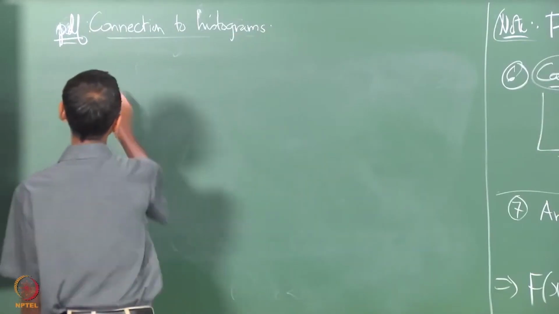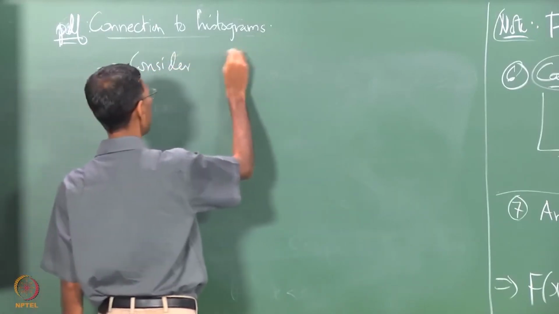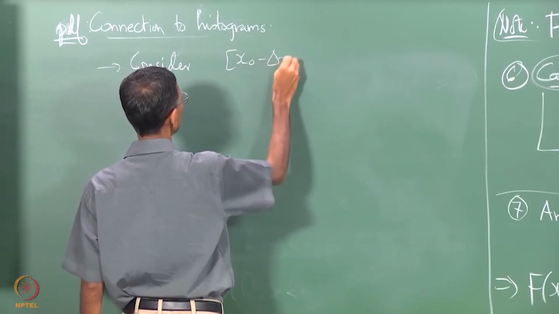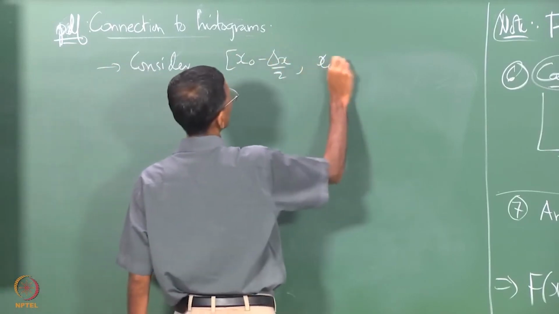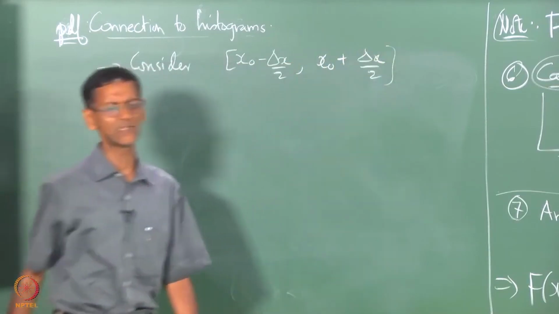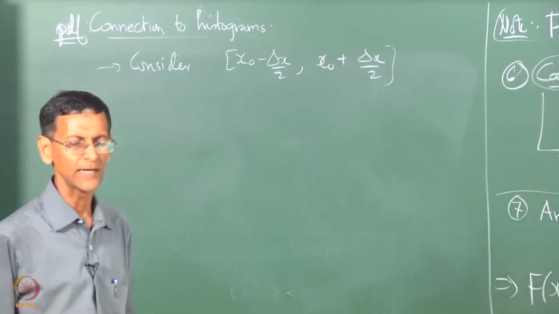Supposing you consider an interval, it does not matter closed or open, x naught minus delta x by 2 to x naught plus delta x by 2. So you pick some value and pick some delta x. So the width of the interval is delta x. I am just taking a symmetric interval for convenience, I could take it non-symmetric also.